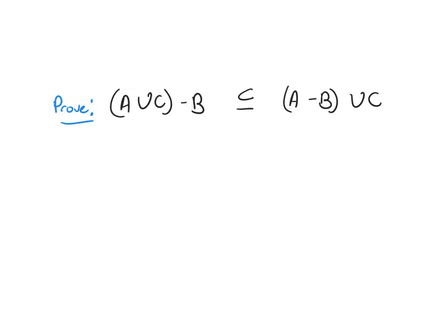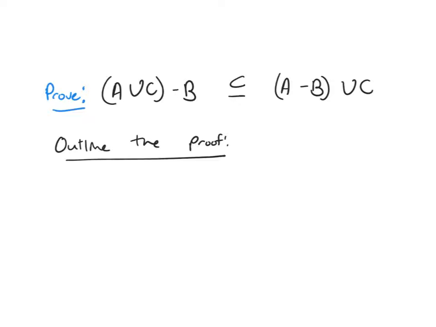So the first thing we're going to do is essentially outline the proof. Remember how we show things are subsets. You're going to start with an element over here.